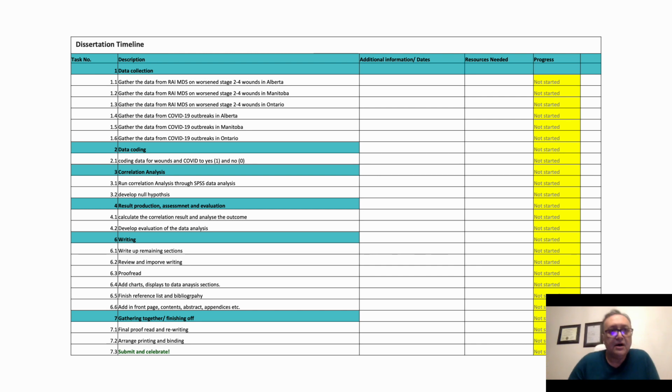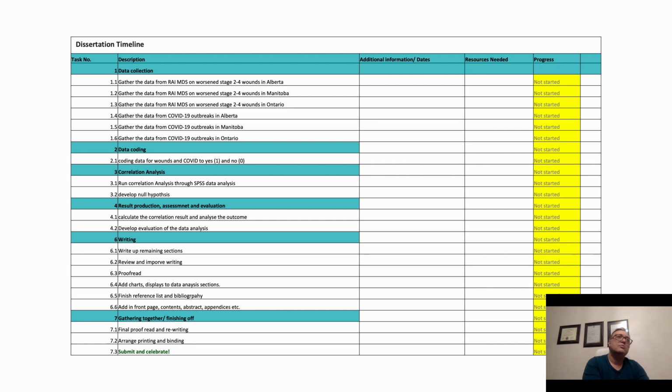Also, the data will be entered into the SPSS data analysis tool to make sure to run the correlation study between the two data.